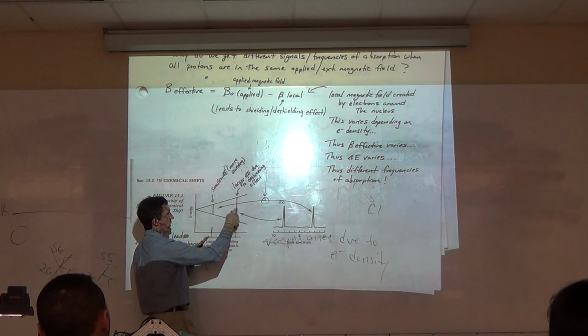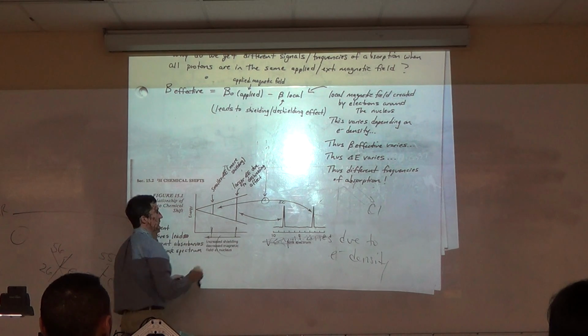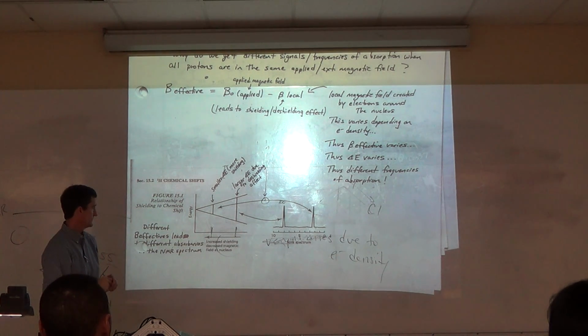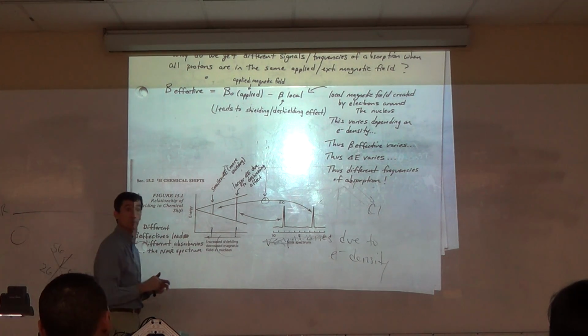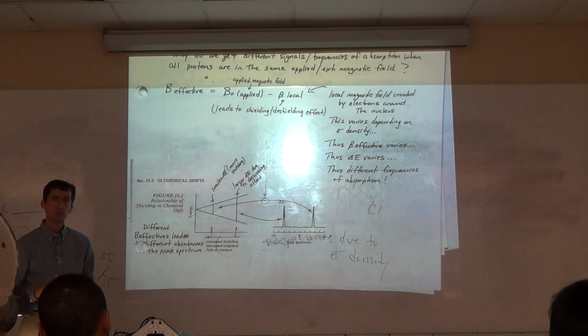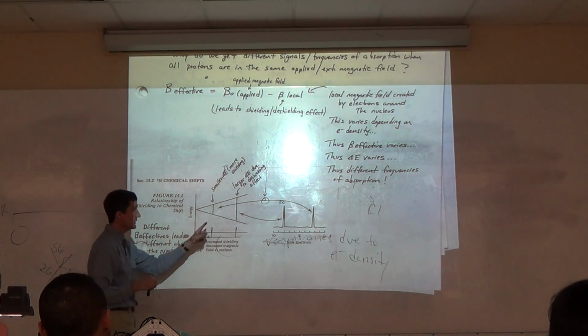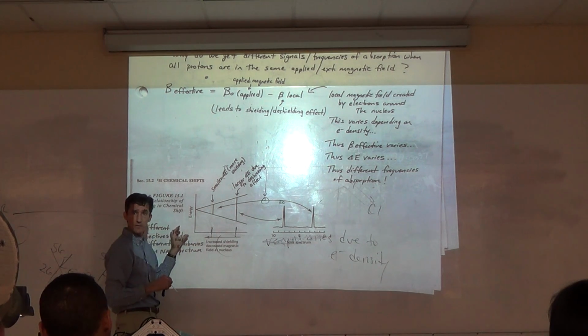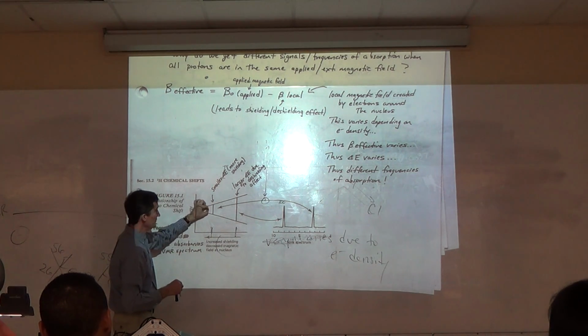Left or right? Which signal is said to be more shielded? Left. Anybody say right? Is shielding going to make you feel more magnet or less? Less. And if you feel less, is there going to be a bigger gap or smaller? Smaller. See, this is shielded.